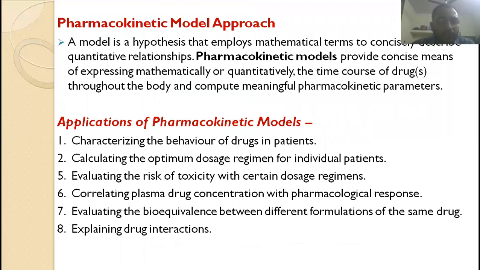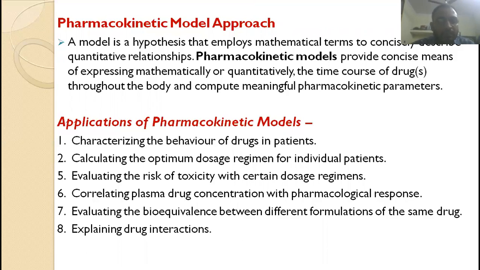A model is a hypothesis that employs mathematical terms to concisely describe quantitative relationships. Pharmacokinetic models provide a concise means of expressing mathematically or quantitatively the time course of drugs throughout the body and compute meaningful pharmacokinetic parameters.